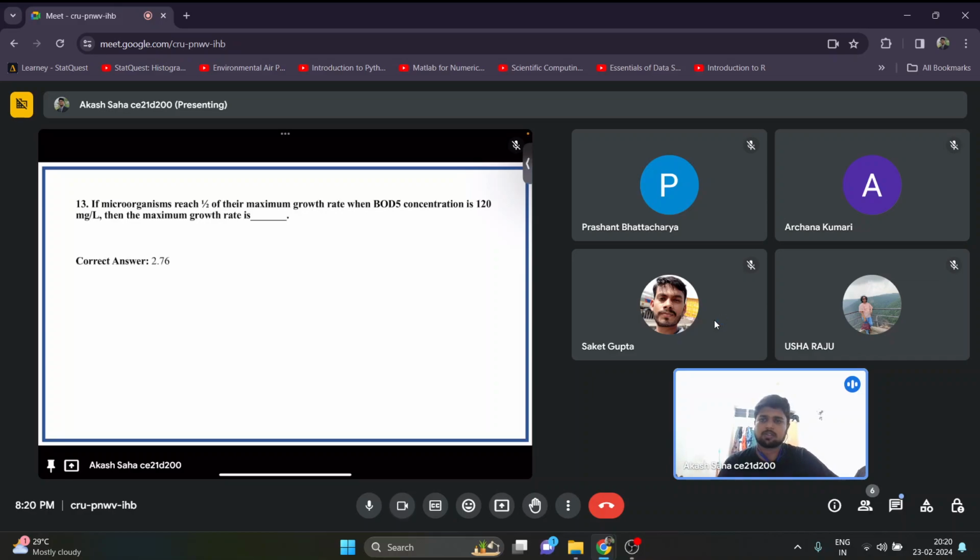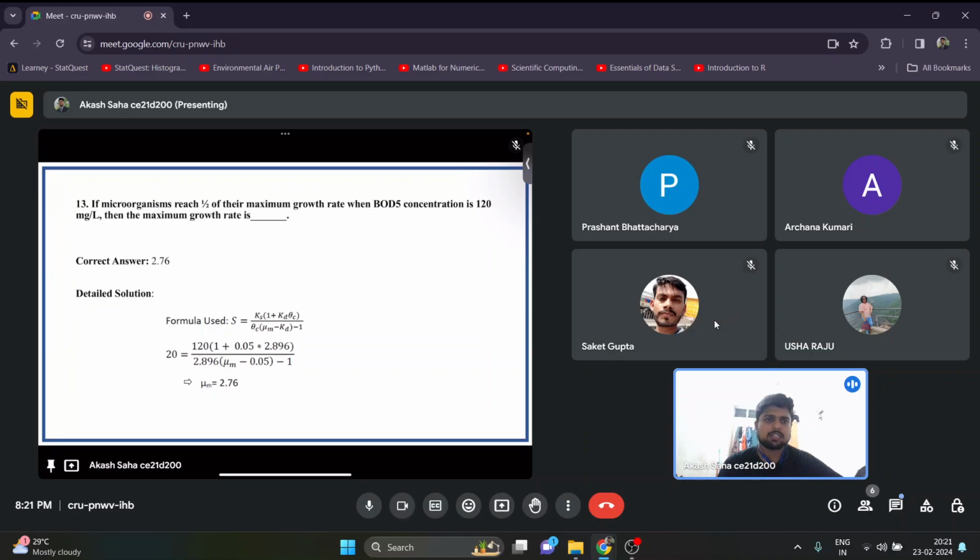So the correct answer is 2.76, but here we will use this equation again. S is equal to Ks value, that equation. So there the Ks term needs to be known because S is directly given, it is 20. So the only value that is not known is mu m value. They have just given the Ks value in a very different way.